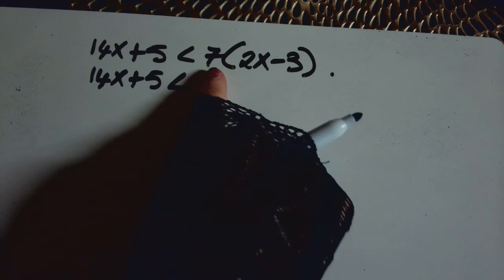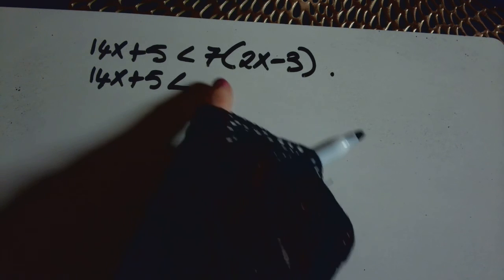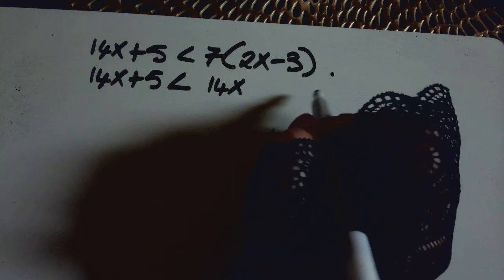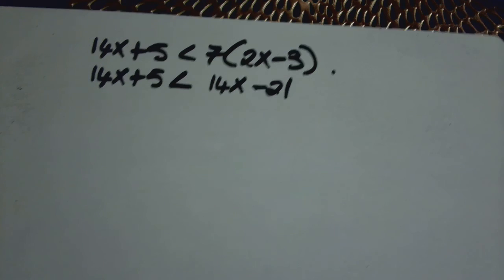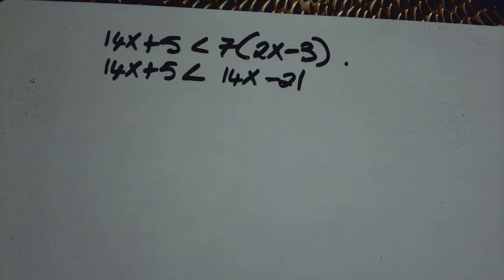So again, we know that this is a parentheses here. So whenever you have parentheses in math, if you have something before it, you have to multiply. 7 times 2x is 14x, and 7 times negative 3 is negative 21. Okay? So we have a unique situation, so this is good that they gave us an example of that.